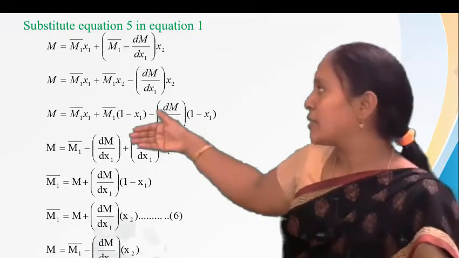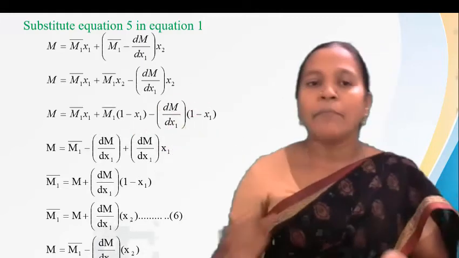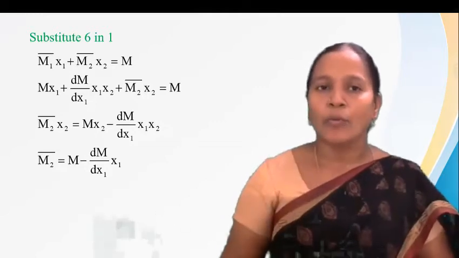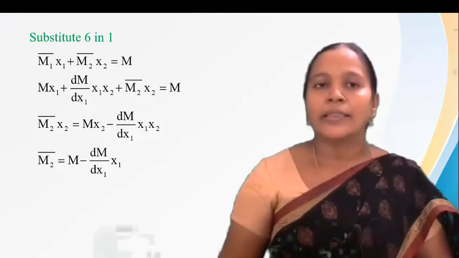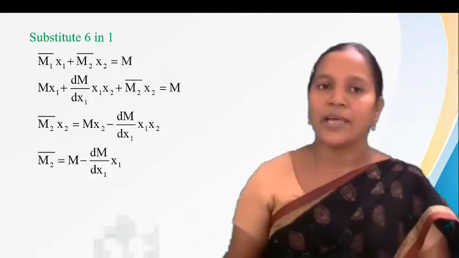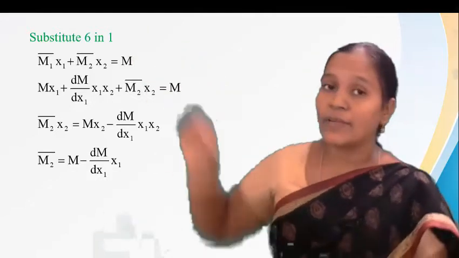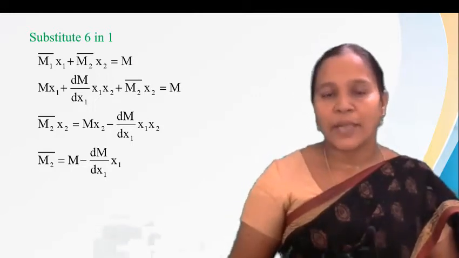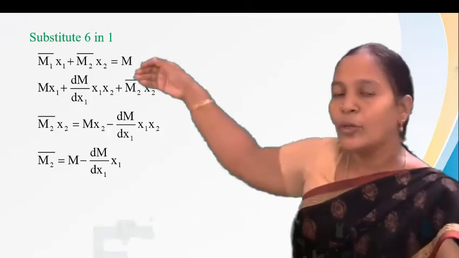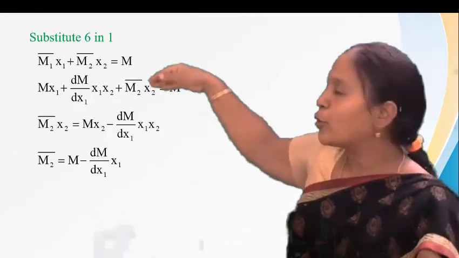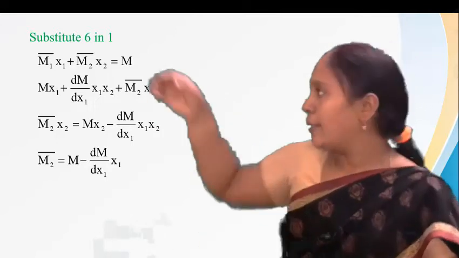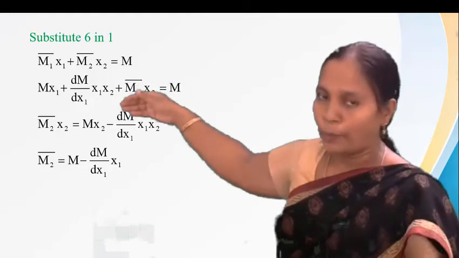Then M is equal to M1 bar minus dM/dx1 into x2. Therefore, substitute equation 6 in equation 1. Then M1 bar x1 plus M2 bar x2 is equal to M. Here, M x1 plus dM/dx1 into x1 x2 plus M2 bar x2 is equal to M. Then eliminate the term M2 bar.